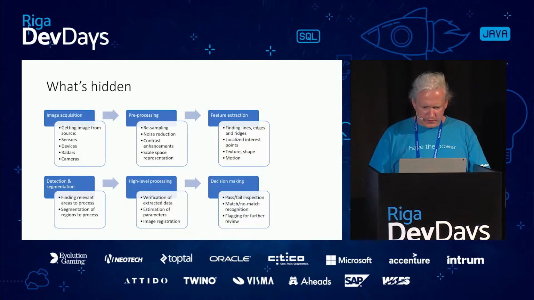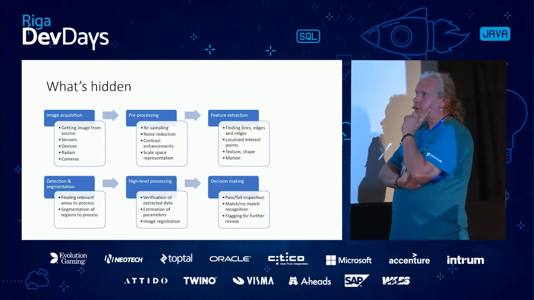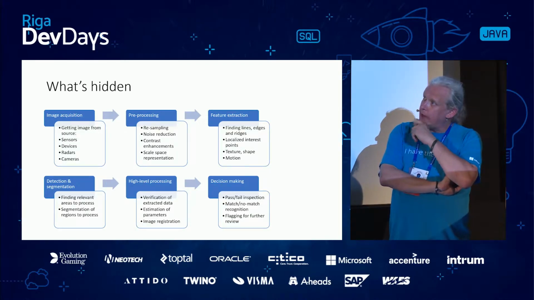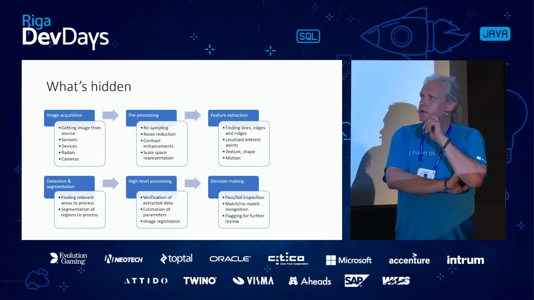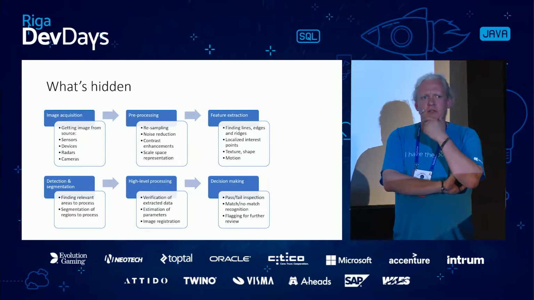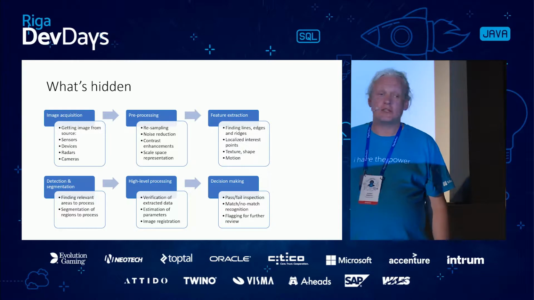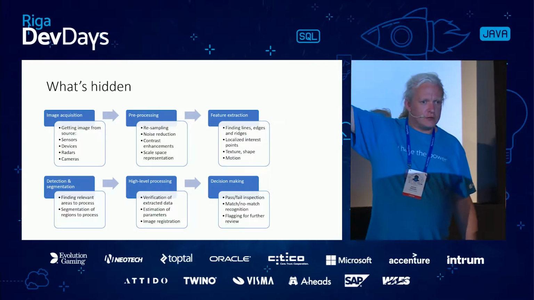Then with the next slide, I wanted to ask one question first. It's a slide about what is image recognition, face detection, and so on. Then I decided to title it "What's hidden." First, the square is not hidden.